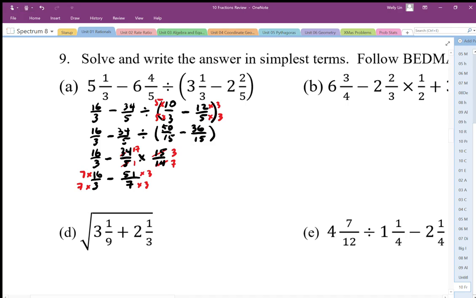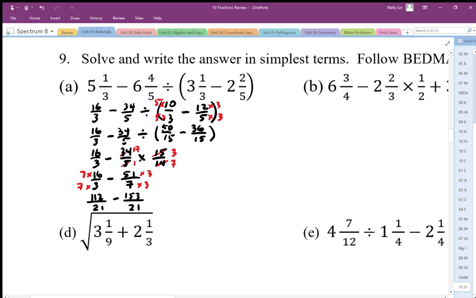So here I end up with 112 over 21. Okay, 7 times 10 is 70, 7 times 6 is 42, so 70 plus 42 is 112. Here we get 3 times 50 is 150, times 1 is 3, so 153 over 21.